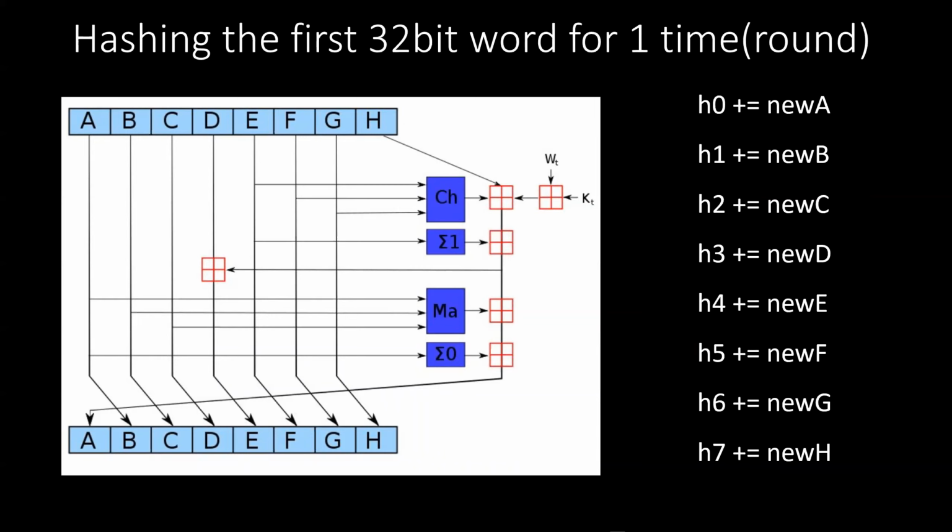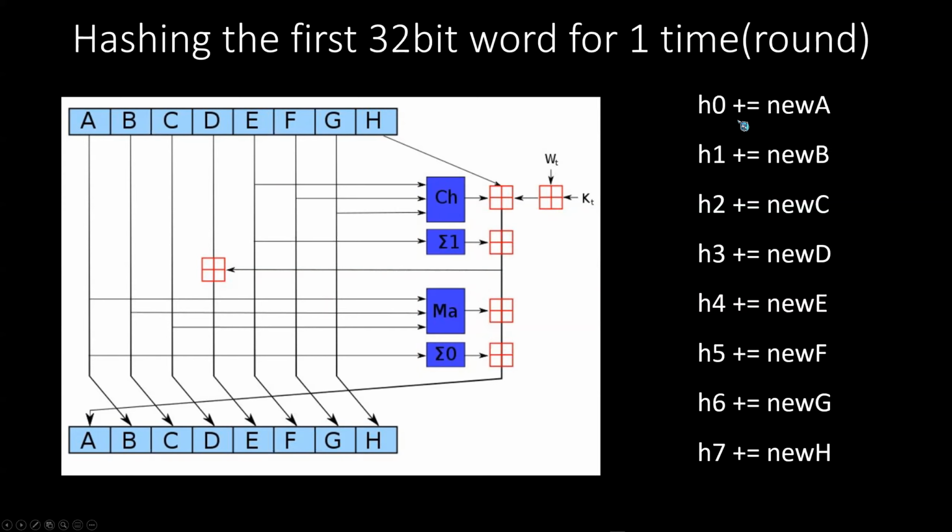We will also use the new A, B, C, D, E, F, G, H to update the result, which is H0 to H7. At the beginning, they are just hash initials, but they are also global variables to this program, and we're going to update them every round. And in the end, they will become the final output.